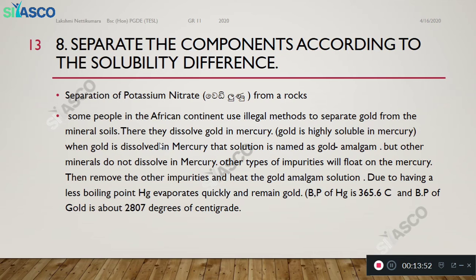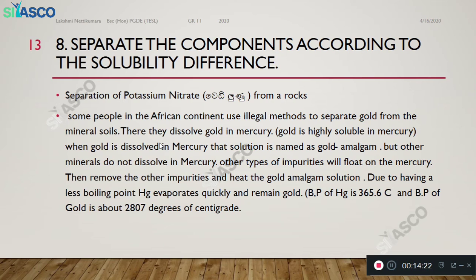So then the solution is strained and they get the filtrate with potassium nitrate. Then this filtrate is left to evaporate. Then the water will be removed, but the vedilunu or potassium nitrate remains as crystals.